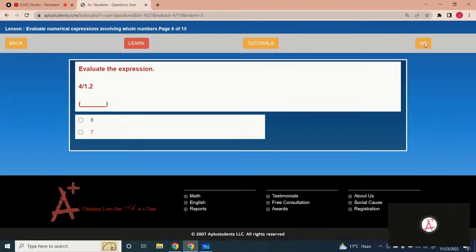First of all, you have to divide. 4 divided by 1 is 4 and 4 times 2 is 8. So the correct option is 8. Just select the correct option and then click on the OK button.